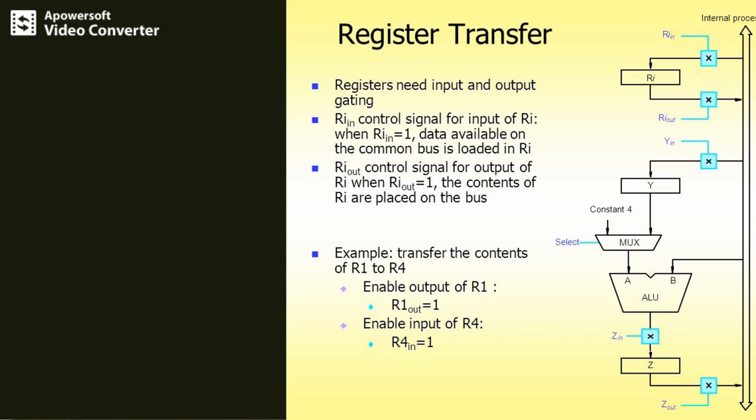For example, the transfer of contents from R1 to R4: enable output of R1 by setting R1 out equal to 1, and enable input of R4 by setting R4 in equal to 1.